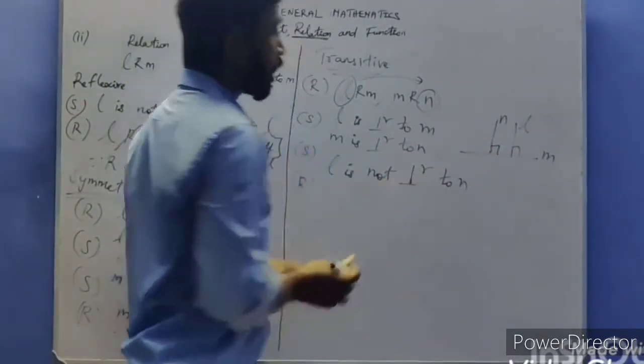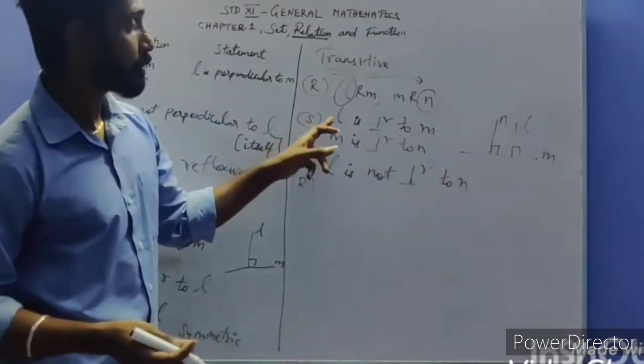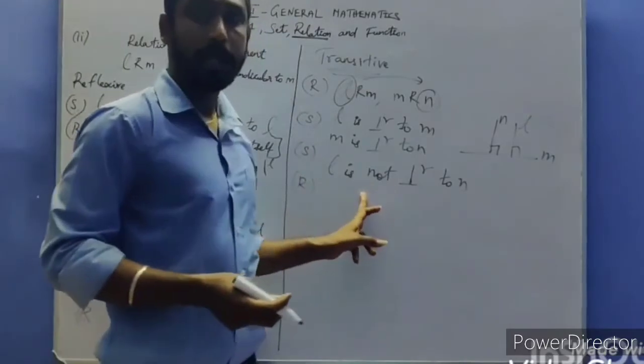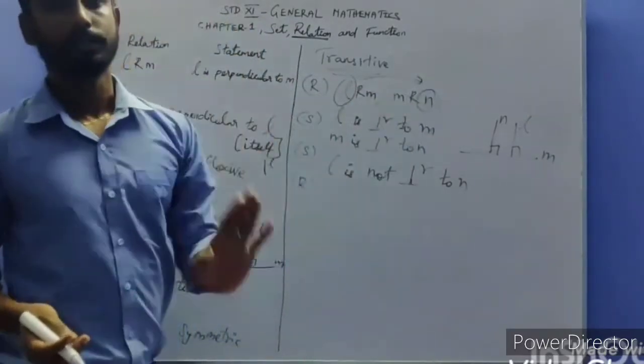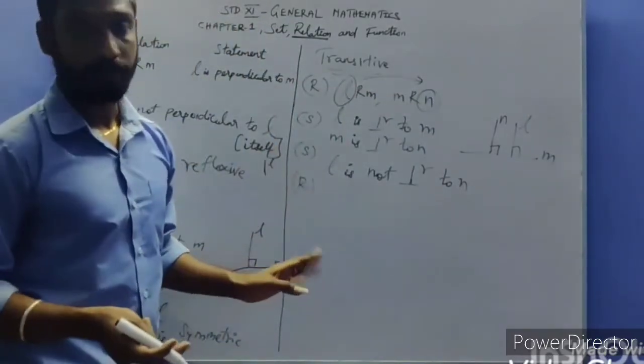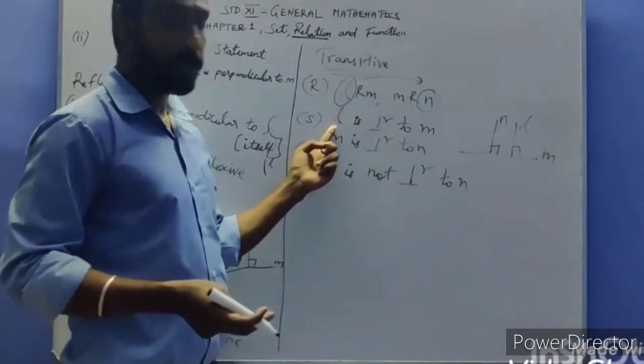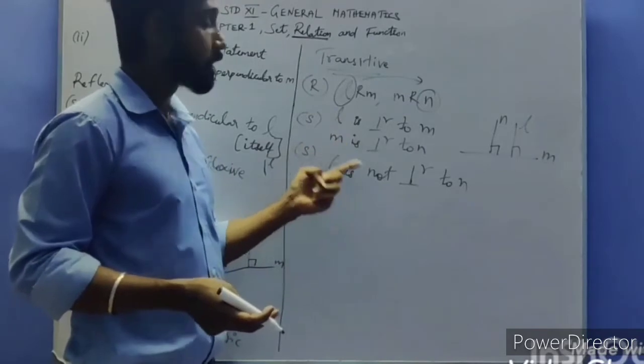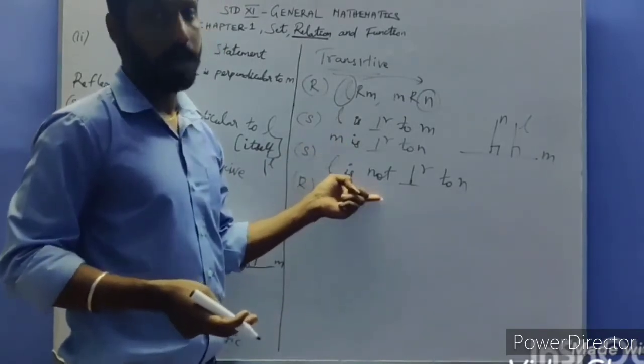So if one statement is wrong, it is not related. The answer will be that it is not transitive, because the first two statements are possible, but the third statement is not possible.